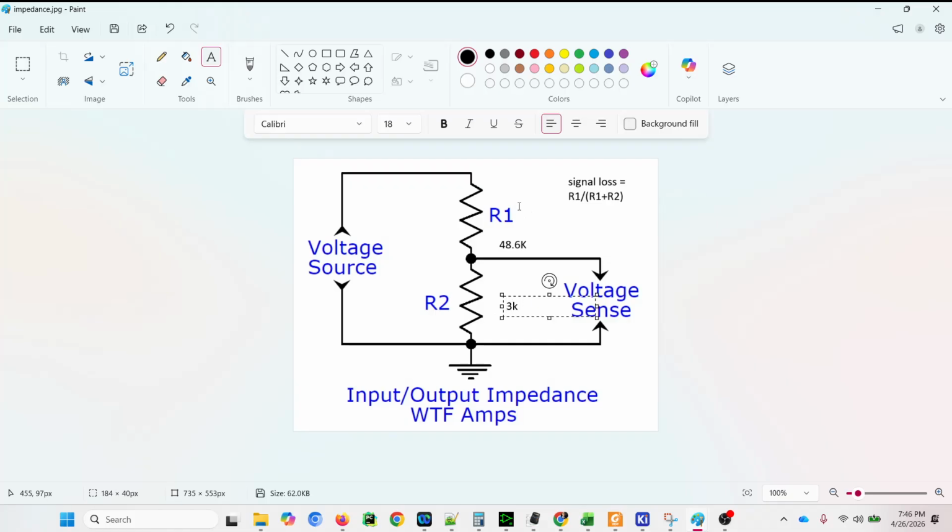So the formula for signal loss is we take our R1, which is 48.6K, and let's round that up to 49. Then we divide that by R1 plus R2, which is 49 plus 3, right? So 49 plus 3 is going to give us 52.